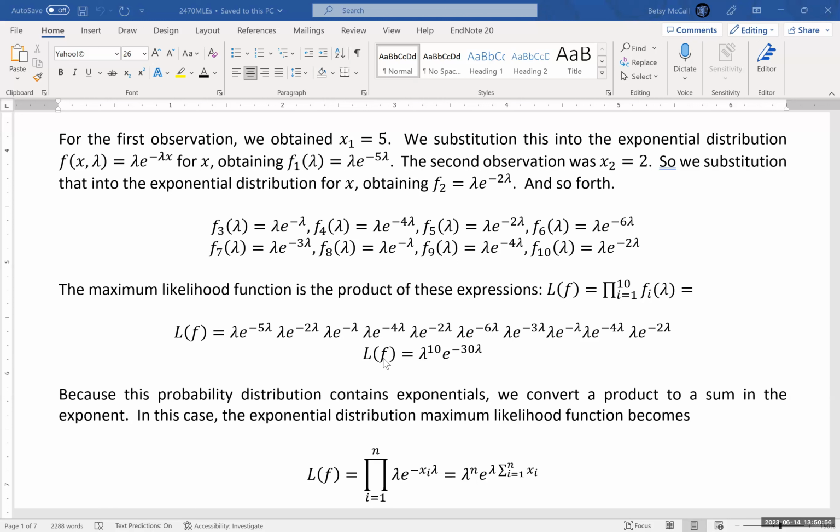In this case, lambda is a mean time to the event, so it has to be positive. 0 would not make any sense. What you would basically do is take the derivative, using the product rule, then set it equal to 0 and do some algebra to get your lambda value.